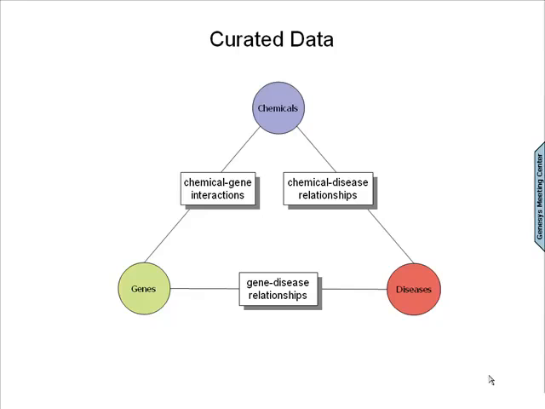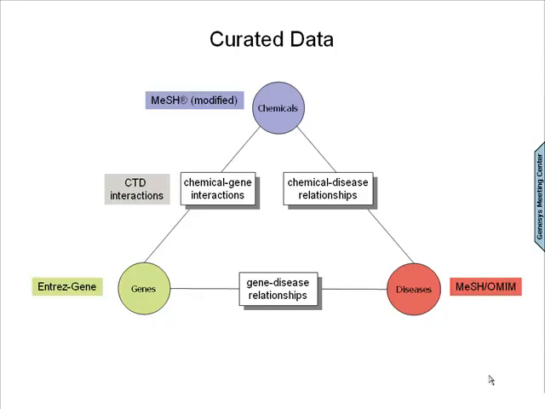And thank you to Richard for bringing up the idea of controlled vocabularies and ontologies. All of this information is captured by our curators in a very controlled way. So we use a modified version of the MeSH vocabulary, which is developed by the National Library of Medicine, for our chemicals. We use Entrez Gene from NCBI for our gene vocabularies, and a combination of MeSH and OMIM for our disease vocabulary.